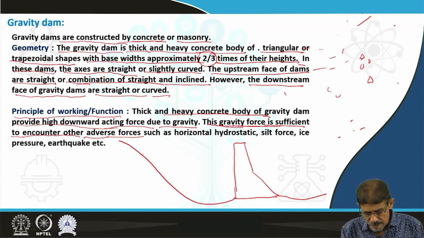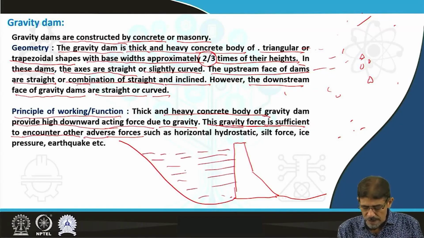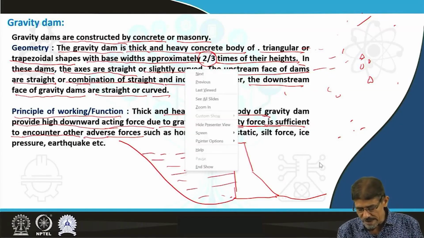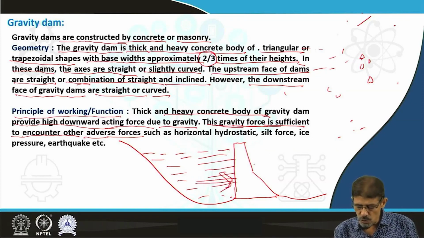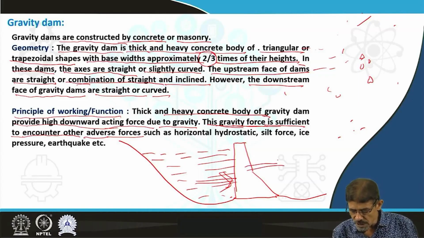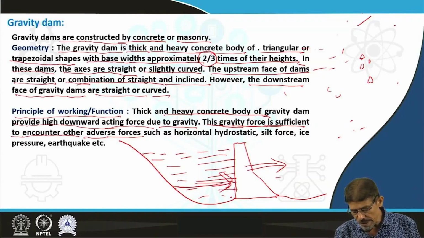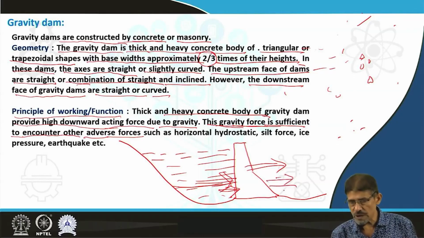The water present here, the pressure due to water is acting on this dam body, going to push this structure downward toward the downstream side. The silt deposit also going to create pressure on the dam body and try to push this toward the downside.